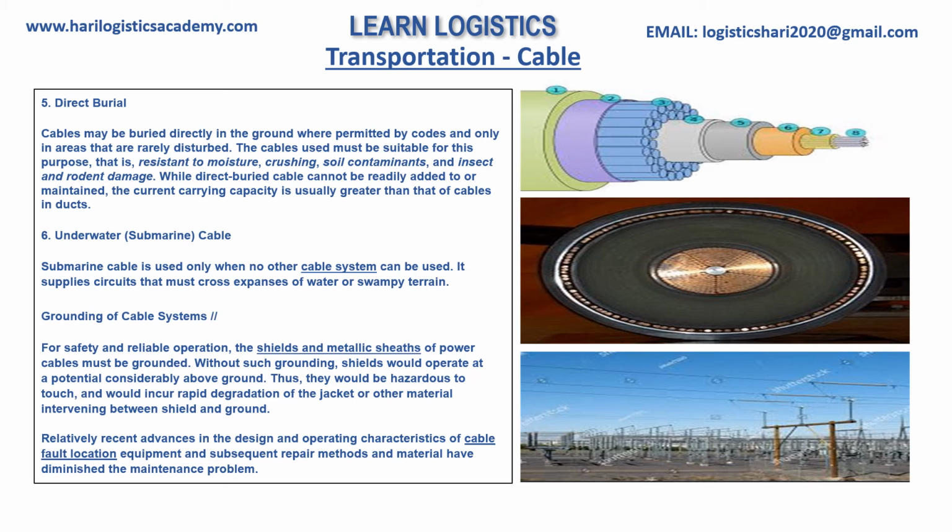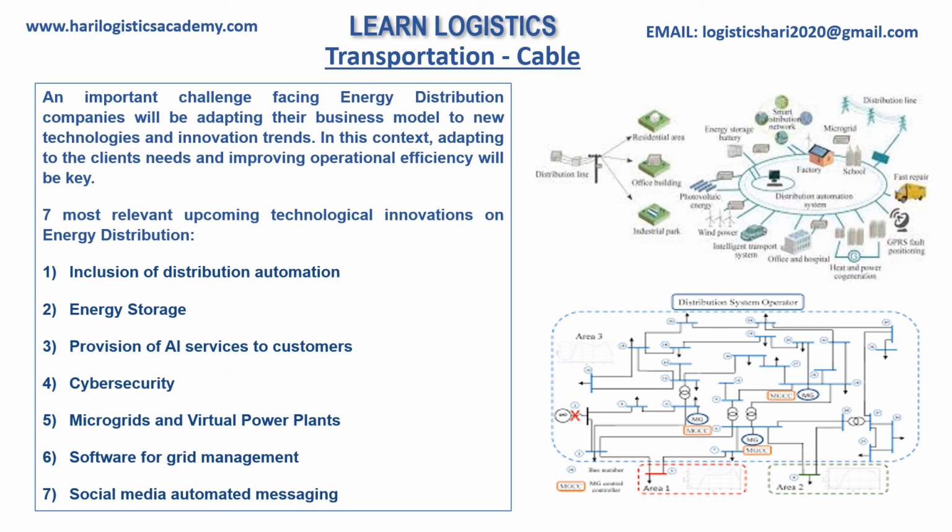Thus, they would be hazardous to touch and would incur rapid degradation of the jacket or other material intervening between shield and ground. Relatively recent advances in the design and operating characteristics of the cable, fault location equipment and subsequent repair methods and material have diminished the maintenance problem.